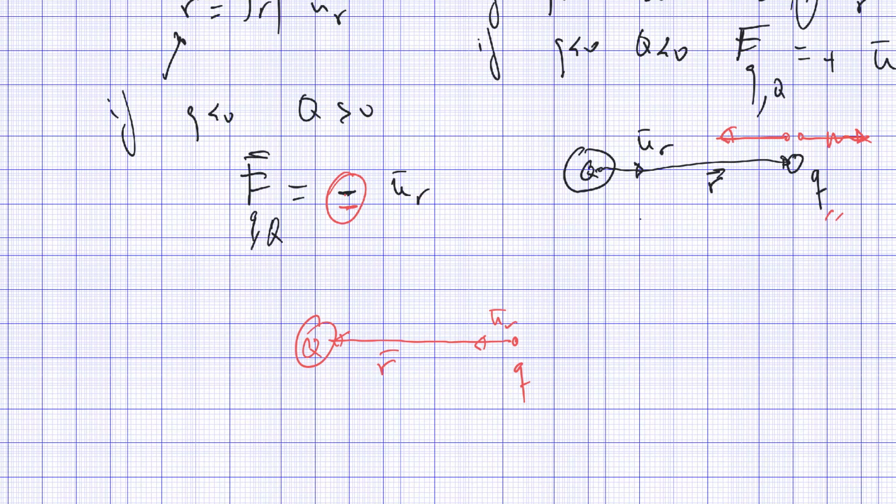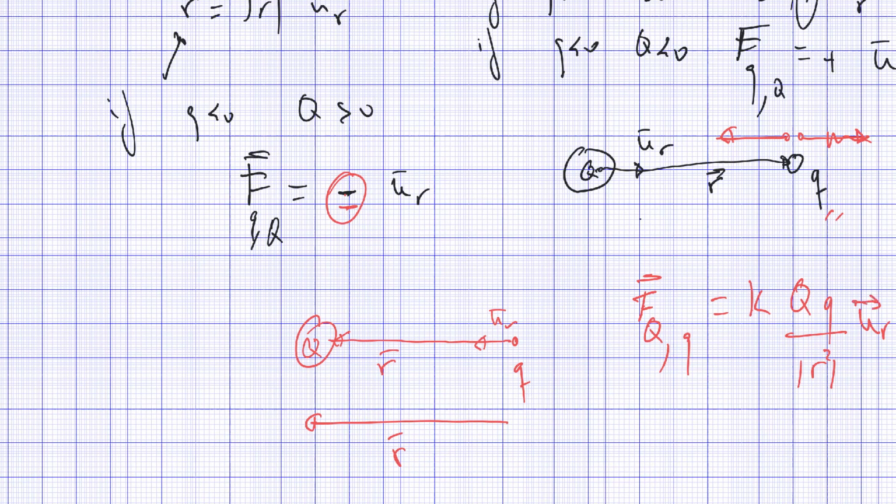And you can find the force acting on Q due to little q. It will be k times q times Q divided by the magnitude of r squared, the magnitude of this vector r, times u sub r.